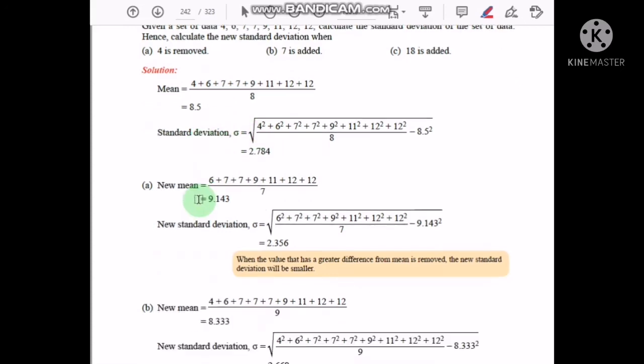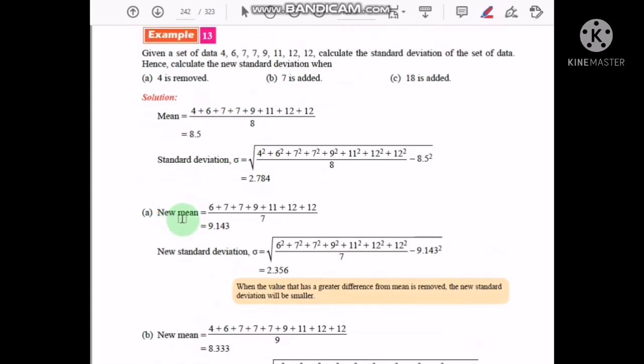Okay, class, let's look here. New mean: if 4 is removed, the new mean is 9.143. And the new standard deviation is 2.356.